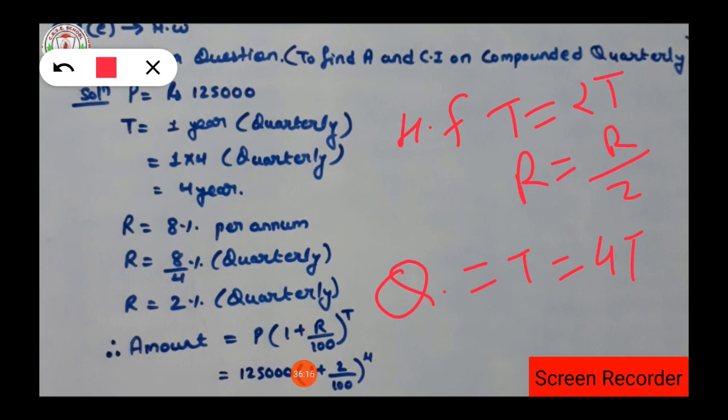That means suppose we have 2 years and in the question it is said quarterly, so 2 into 4, it will be 8 years. And the rate in quarterly becomes R by 4.